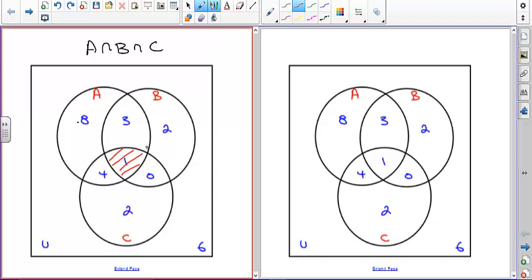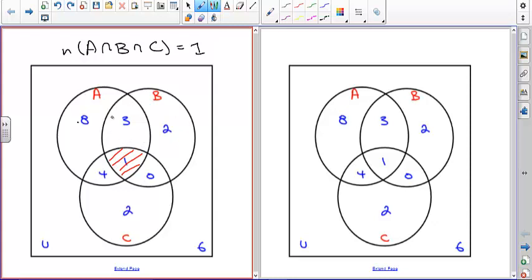You can see this is in set A, it's also in set B, and it's also in set C. So that's the intersection of all 3 sets. Go ahead and write this out, mark those things. And if I ask what the number of elements associated with this is, it would be the number inside that little football. So the answer is 1. Okay, so that's the easiest one.